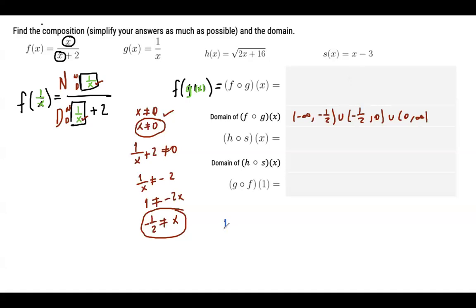So if you have 1 over X divided by 1 over X plus 2, if you remember, a fraction will remain the same if you multiply it by 1. If I multiply that whole fraction times 1, I'm not altering the result in any way, because anything multiplied by 1 will be equal to the value that you had originally.